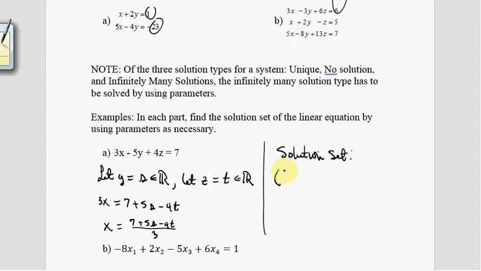So here x is 7 plus 5s minus 4t all over 3, comma, and you could have written it as 7/3 plus 5/3 s minus 4/3 t. It doesn't matter. And then here the choice for y is s, and then the choice for z is t.